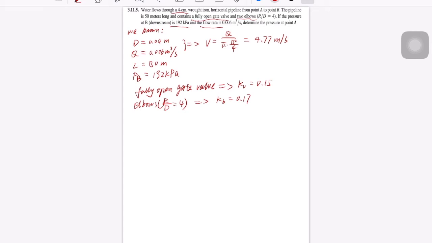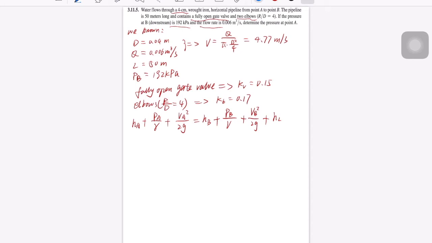And then we write the energy equation. HA plus PA divided by gamma plus VA squared divided by 2G equals HB plus PB divided by gamma plus VB squared divided by 2G plus loss of head.